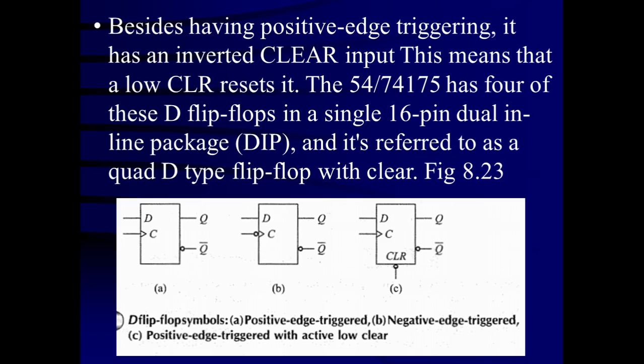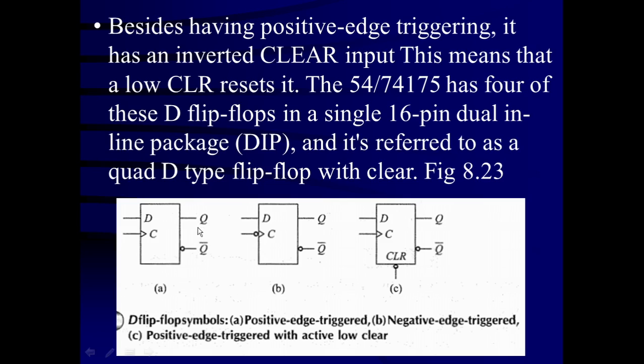That means when this clear input is activated, the flip-flop is reset. That means Q becomes 0 and Q bar becomes 1. The 74175 has four of these D flip-flops in a single 16-pin dual in-line package, DIP, and it's referred to as a quad D-type flip-flop with a clear.